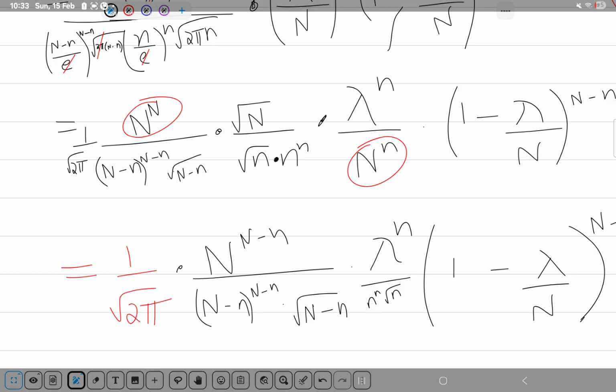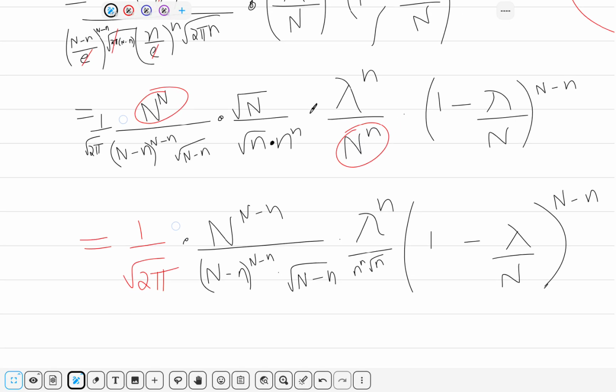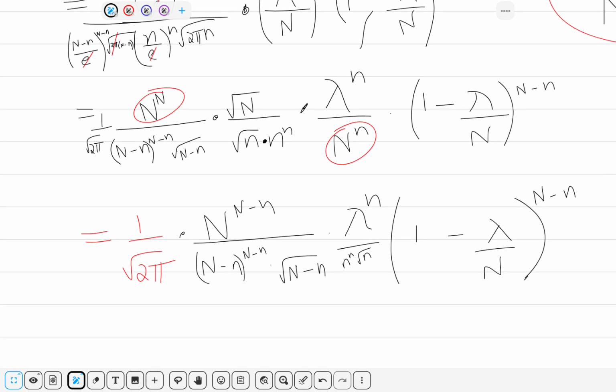Then what else is there? Okay. Let's see. Is this the dead end? I have to look something up on the internet now, is it?